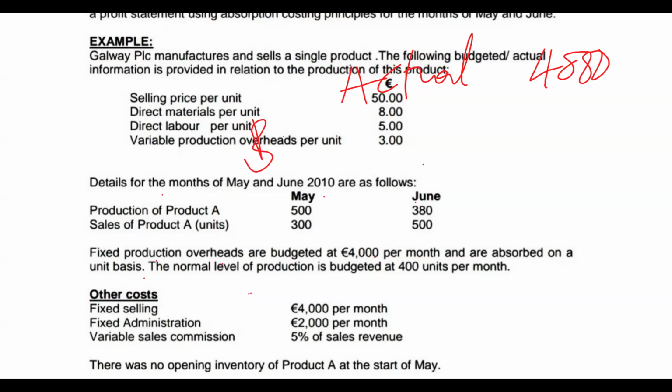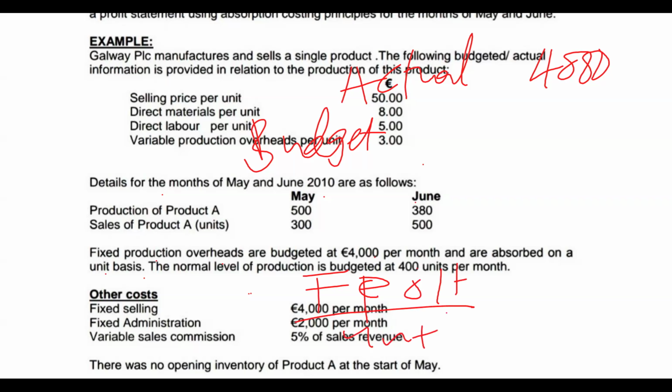Since it's based on units, you just divide the fixed production overheads by the units. So you have 4,000 in our case, divided by 400 units.